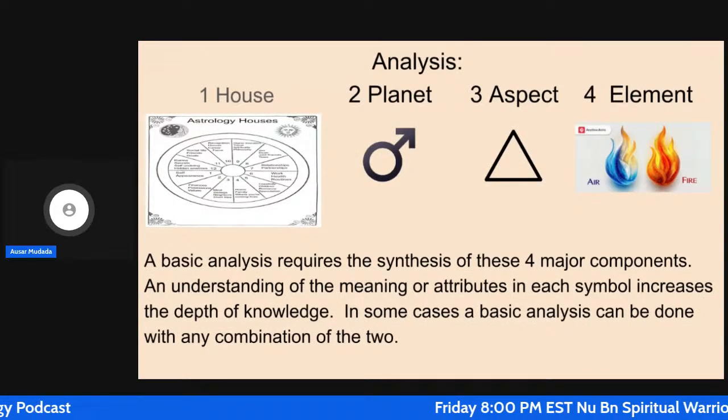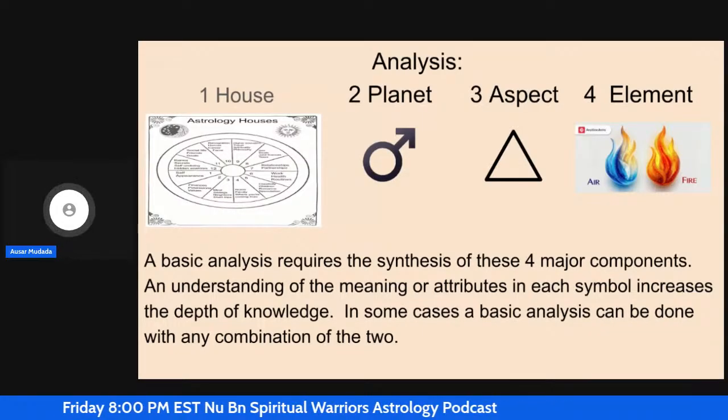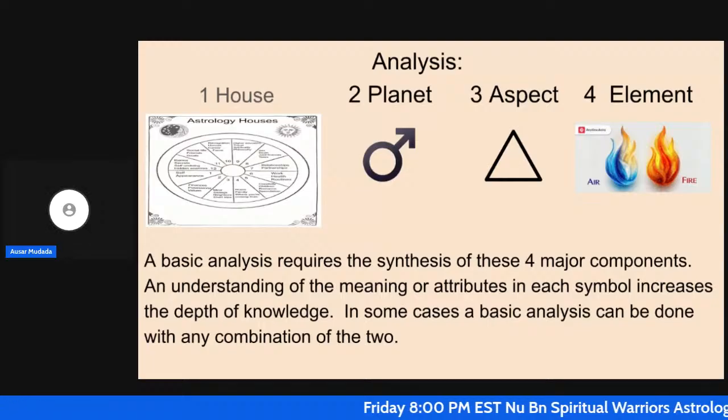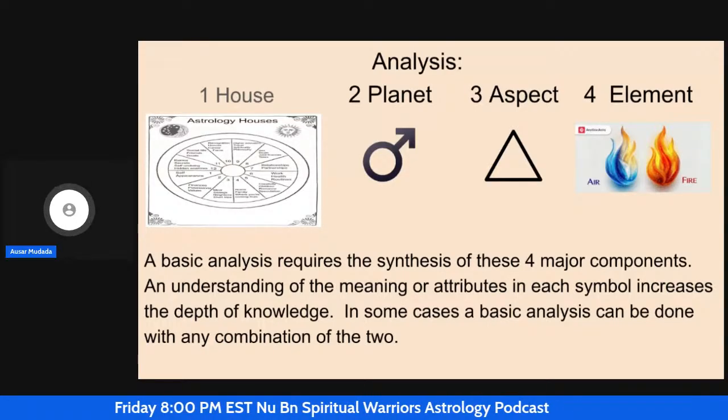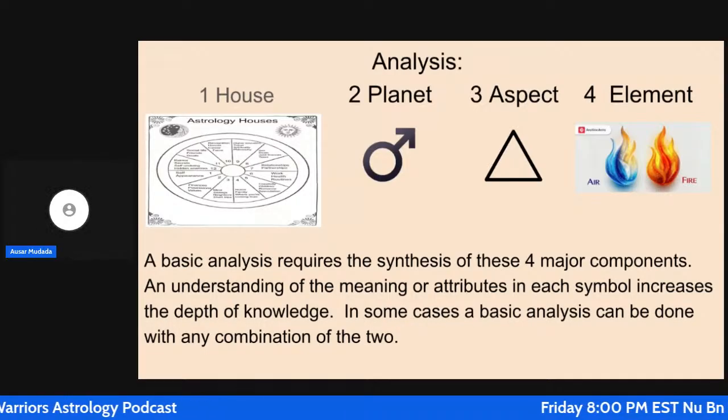Now, what will help you with an analysis is this: a basic analysis requires a synthesis of these 4 major components. An understanding of the meaning or attributes in each symbol increases the depth of knowledge. In some cases, a basic analysis can be done with any combination of the two.